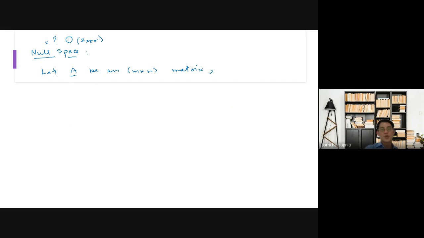If we have the set of any vectors x such that A multiplied with x is equal to 0, then this set of x is called the null space.